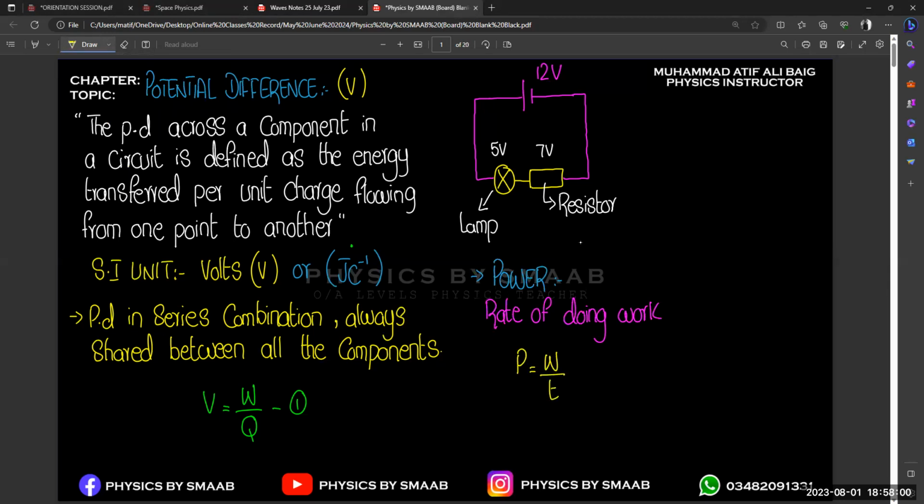And if we want to convert it into the electrical one, what will be your formula for electrical power? Do you remember that formula? P equals to VI.